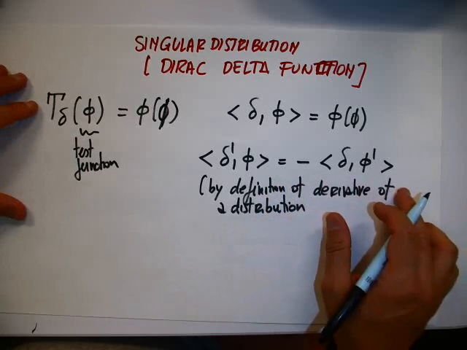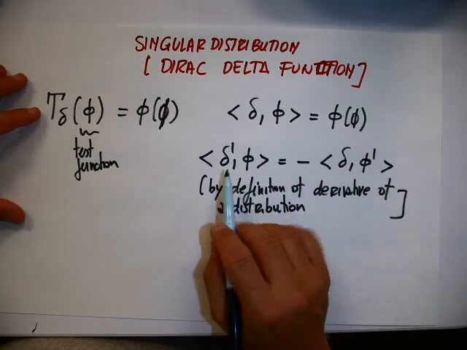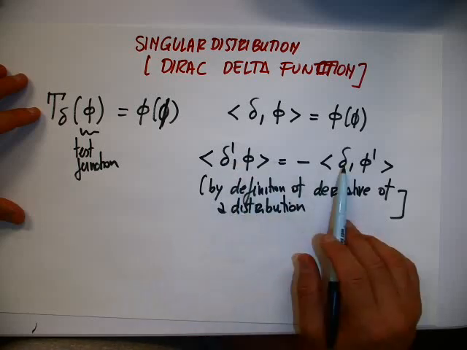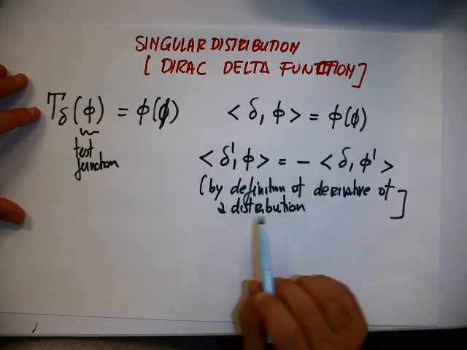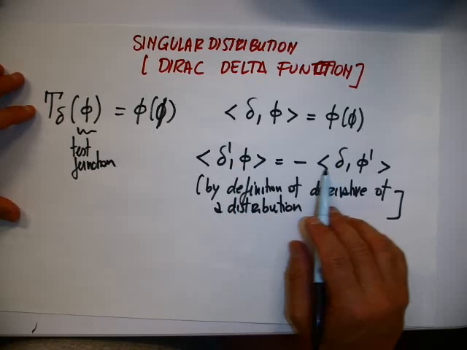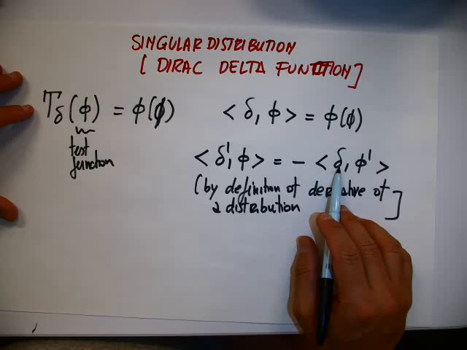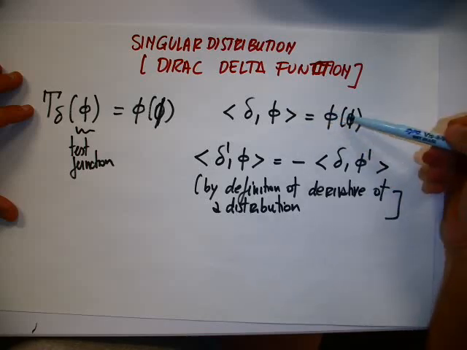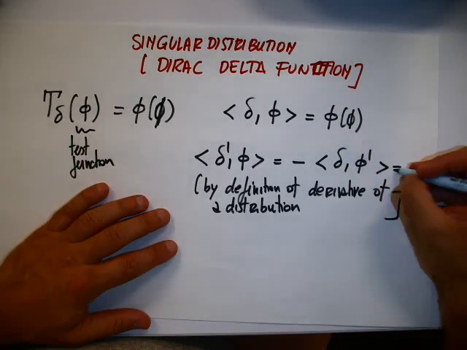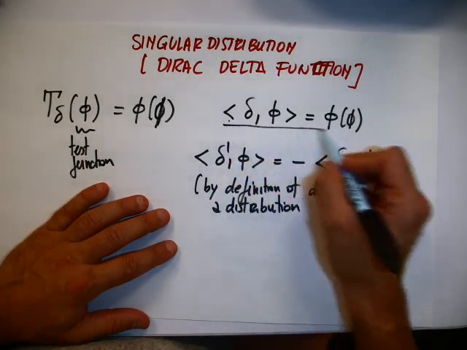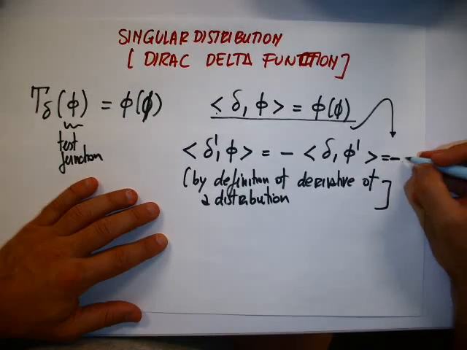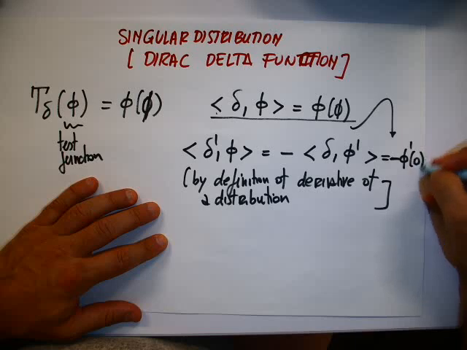If this is true, now we relate the distribution of delta prime to delta. Now we know what this delta is. What is the action of delta on a test function? It returns me the value of the test function at 0. So from this, I can say that this is equal to minus phi prime at 0.